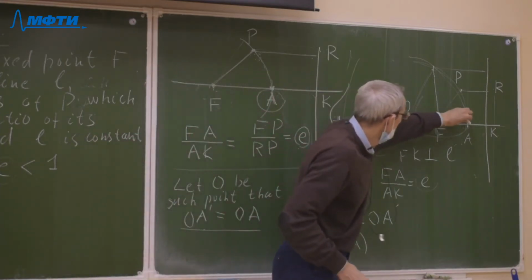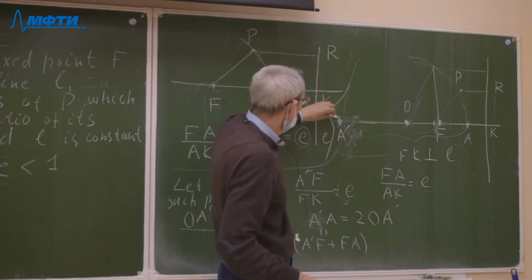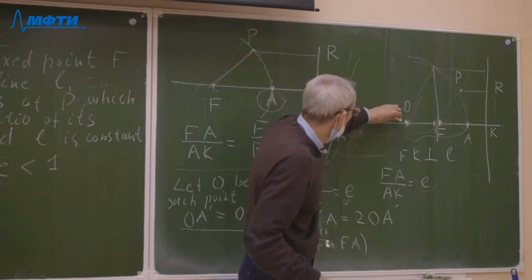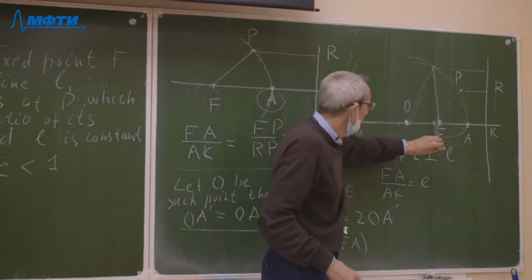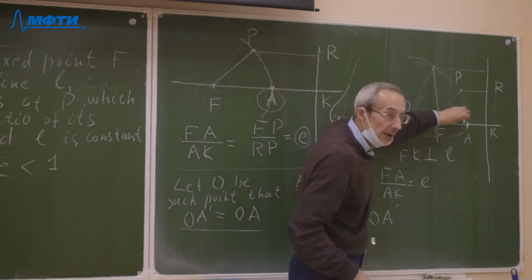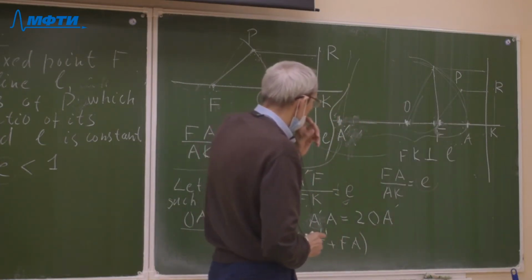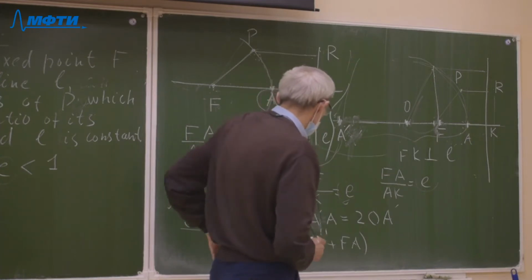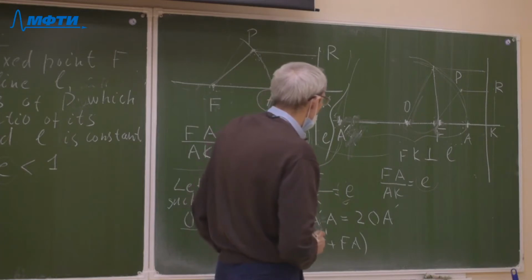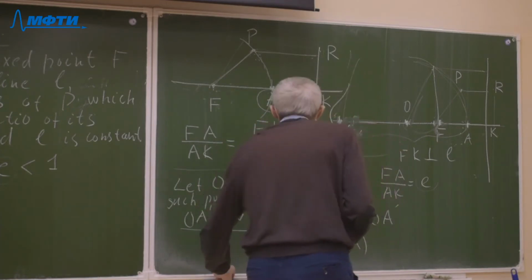This distance is equal, from one hand, to the sum of the distance A prime O plus OA, and on the other hand, to the sum A prime F plus FA.